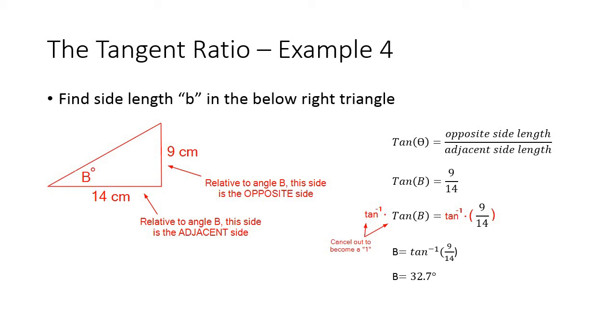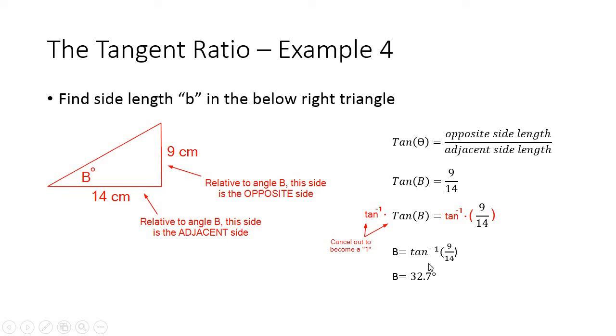So take that slide in a bit, and this was the trickier one to remember in this entire lesson: using the arctan, inverse tan, tan to the -1 in order to find your angle when you don't know your angle, okay? And make sure you can get that 32.7 degrees when you plug in tan to the -1.